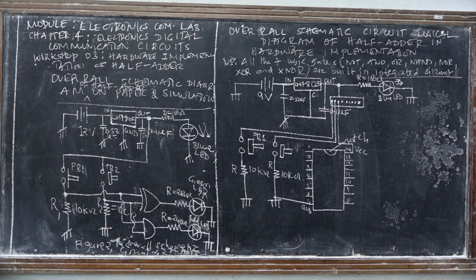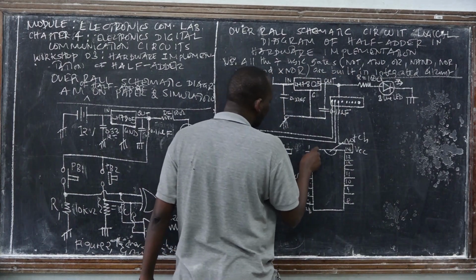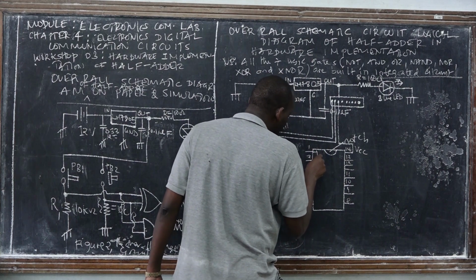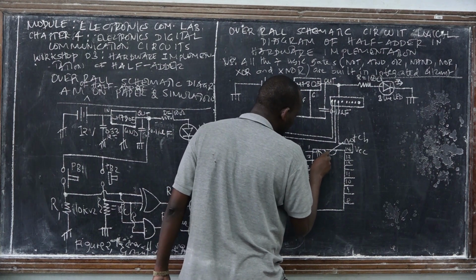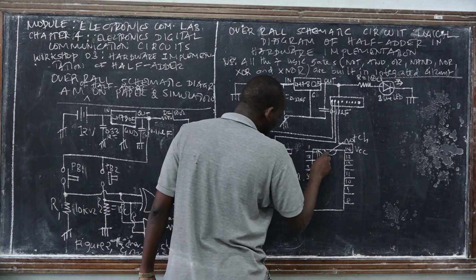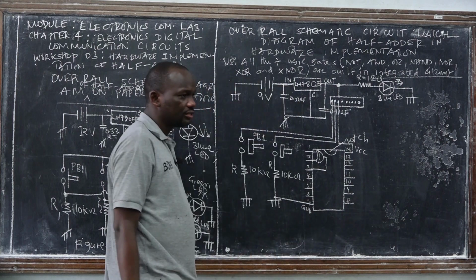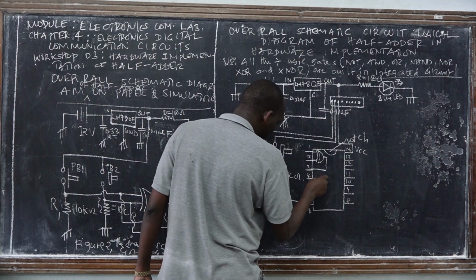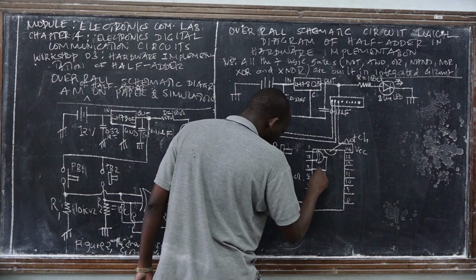And how have they been connected to the pins? Well, this is how they have been connected. Pin number 1 and pin number 2, these are the inputs of the first exclusive OR gate. Pin number 3, this is the output of the first exclusive OR gate. Then pin number 4 and pin number 5, these are the inputs of the second exclusive OR gate.